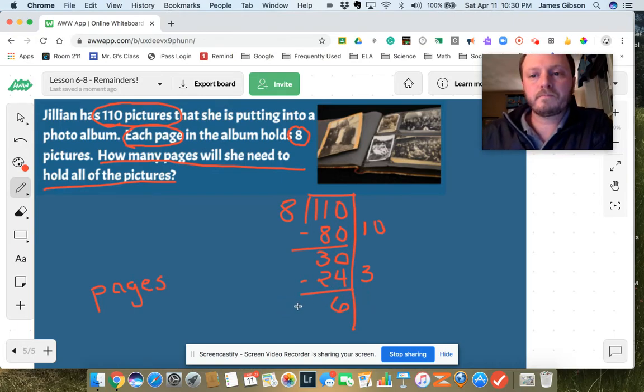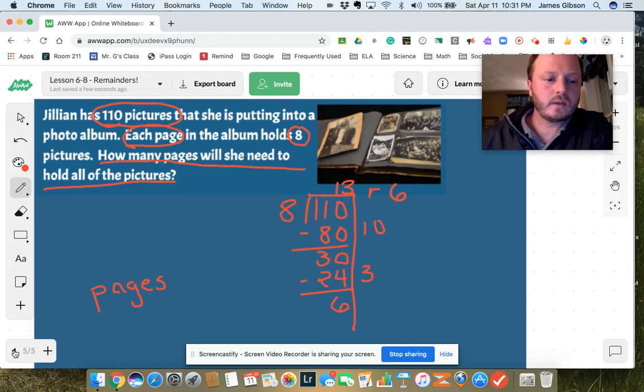So what do we do with these 6 pictures that are left over? Well, we have 13 pages that are filled with pictures, and we have a remainder of 6 pictures. What do we do with those 6 remaining pictures?